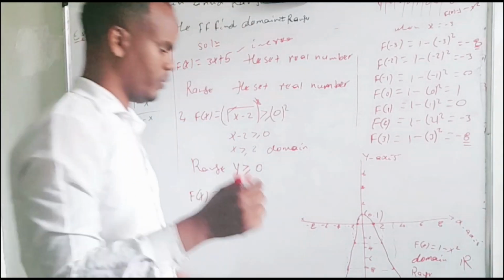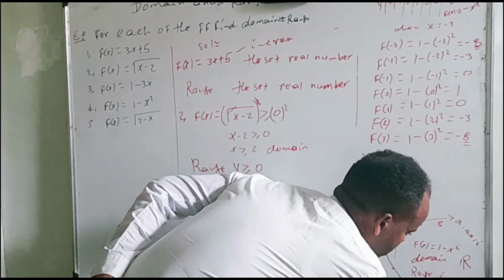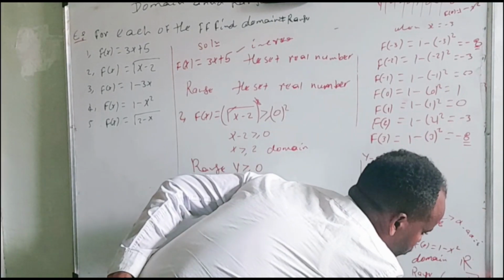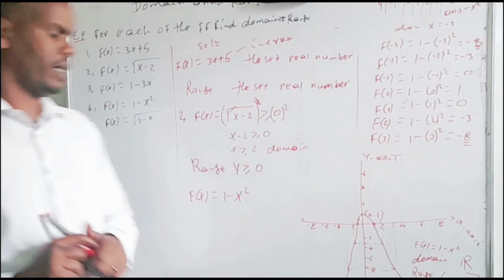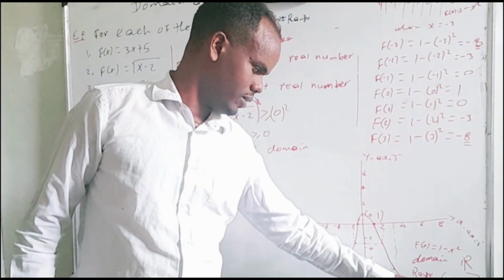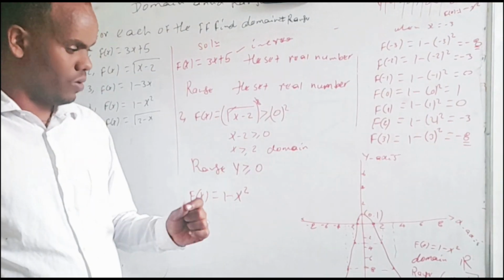So starting from negative infinity, which is an open interval, up to 1, which is a closed interval. So the domain is the set of real numbers, and the range is the set of real numbers less than or equal to 1.